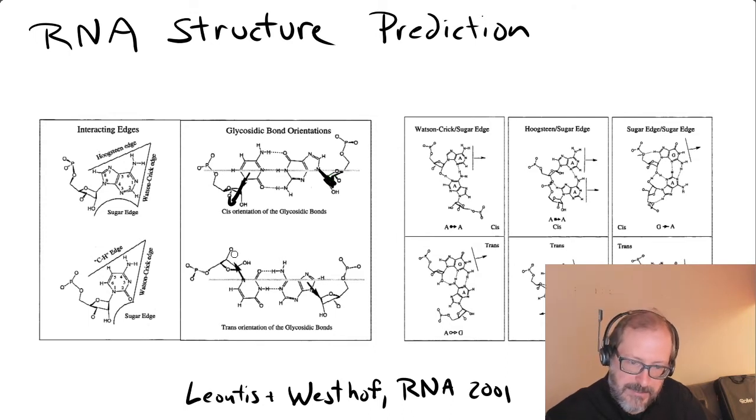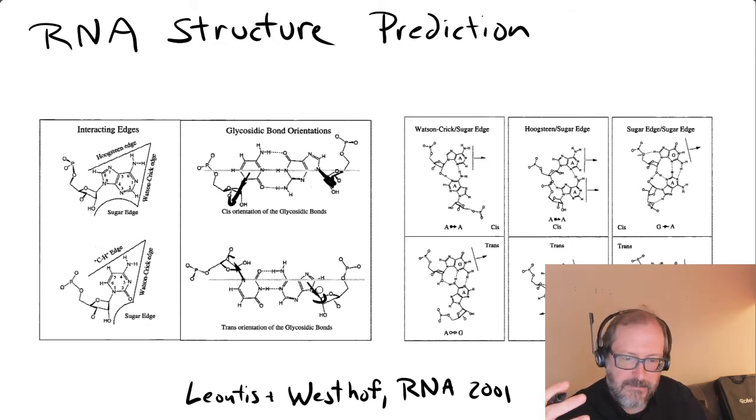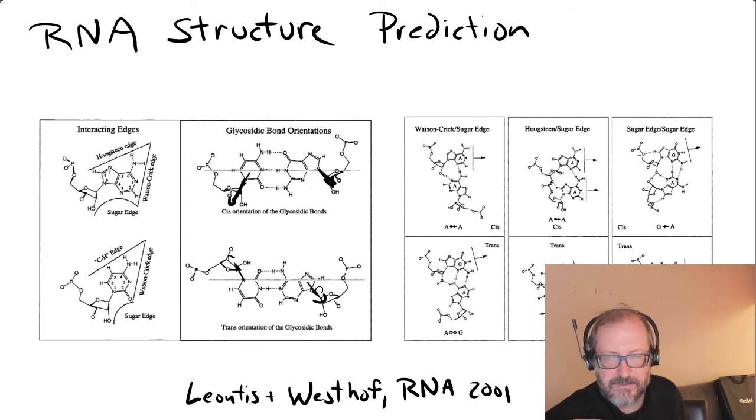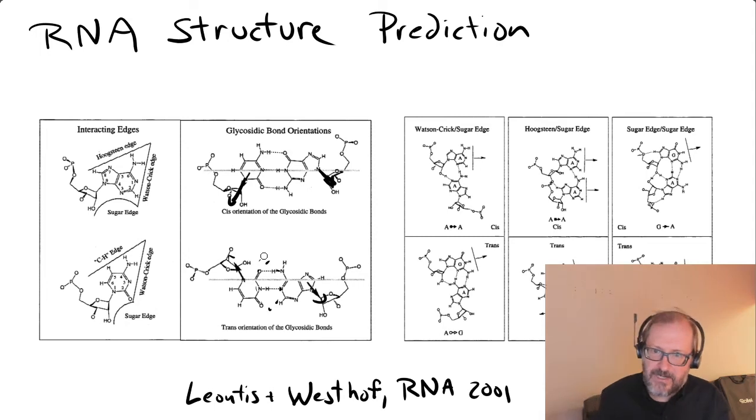But if they're pointing in opposite directions, see here, this one's up and this one is down, then it's in trans, right? Or you can think of it as saying, okay, which side is the ribose on relative to these hydrogen bonds in the middle. If it's the same side, then it's cis, and if it's the opposite side, it's trans. So cis is just Latin for on this side, and trans is Latin for on that side.